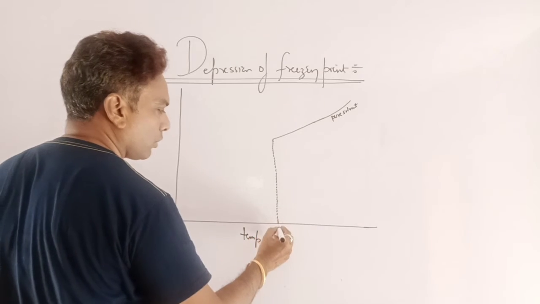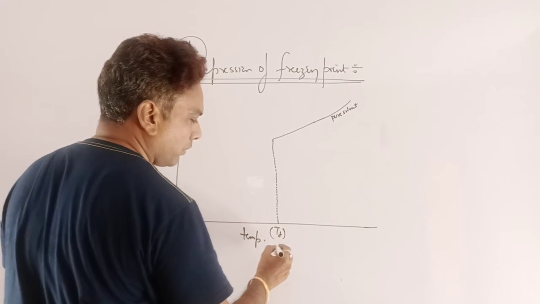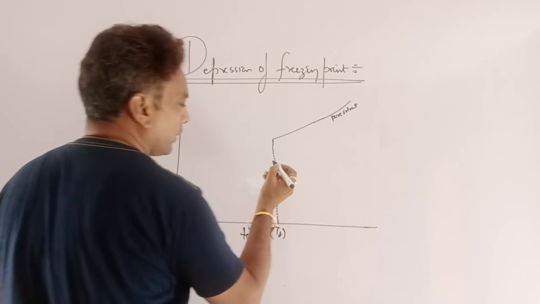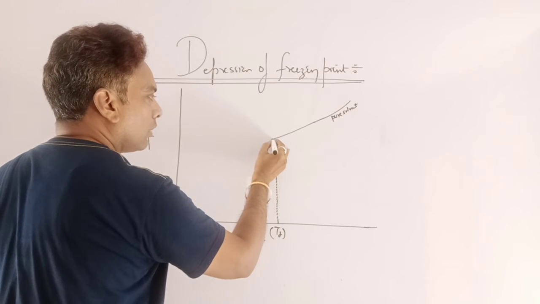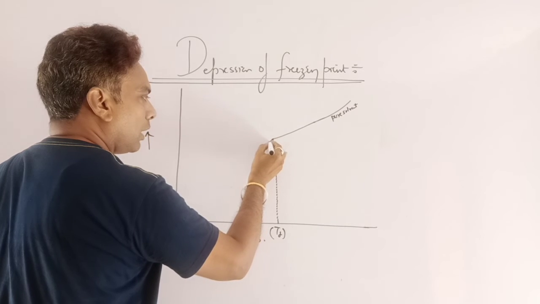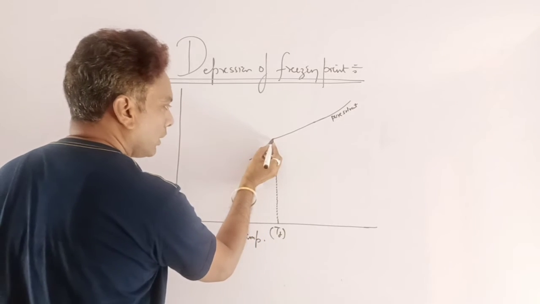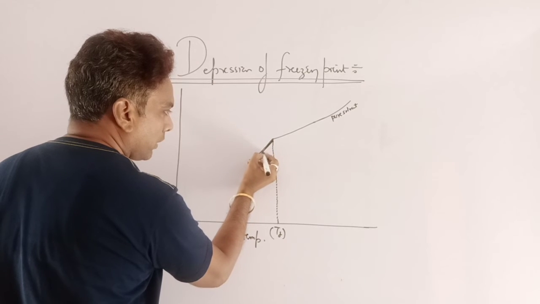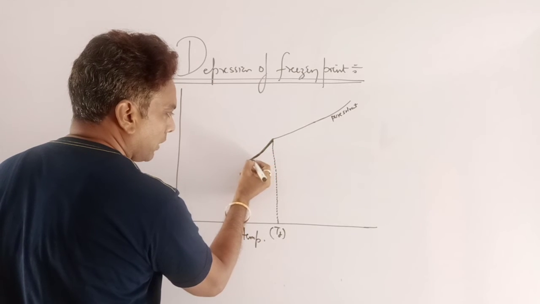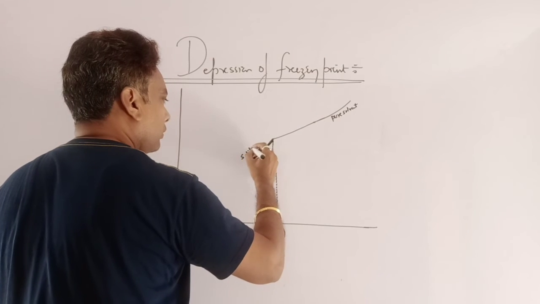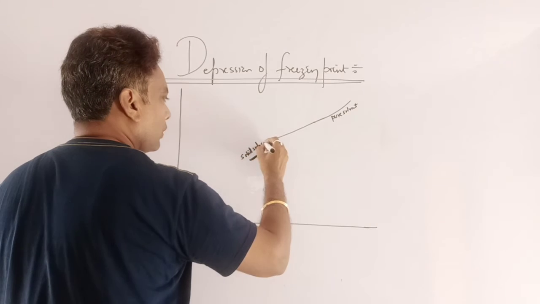Such a temperature is known as the freezing point of pure solvent. After it freezes, it becomes solid solvent, and on decreasing the temperature, the vapor pressure of solid solvent also decreases, which is denoted by the dark curve. This curve shows the vapor pressure decrease of solid solvent.